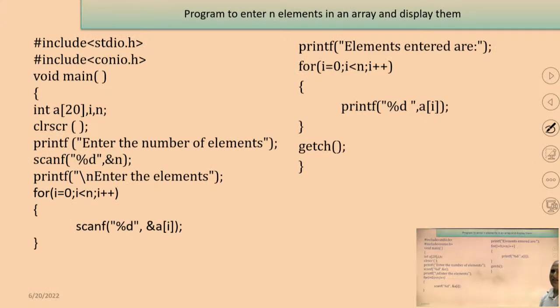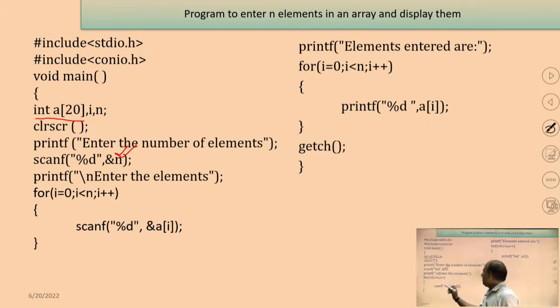Now let us understand a program. If we want to enter elements in an array and display them, we first have to declare an array. Let's say we have declared an array of 20 size of integer type, and we enter the value of n. The n is the number of elements that we want to enter into that array.